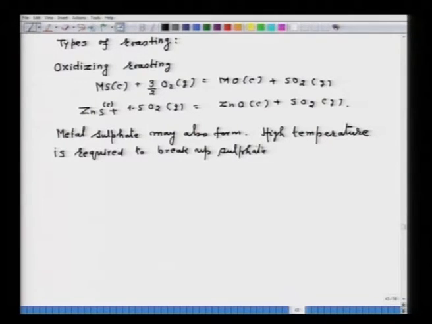Suppose you have supplied a large amount of oxygen, then PbS is converted to PbSO4 in addition to PbO. Whatever amount of lead has gone to PbSO4, or zinc to ZnSO4, that is lost. So, normally you require high temperature to break up the sulphate.